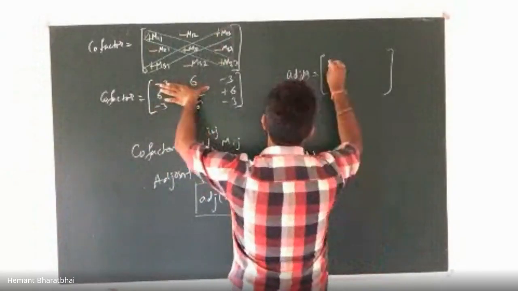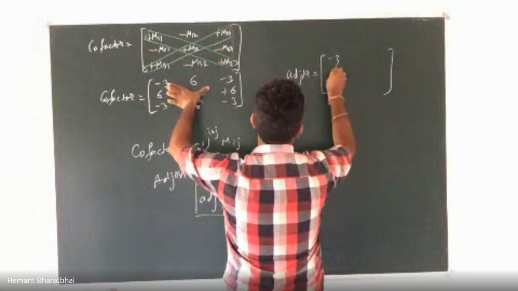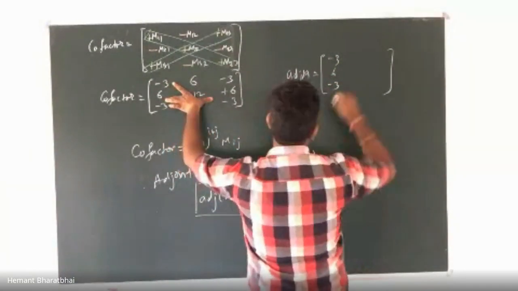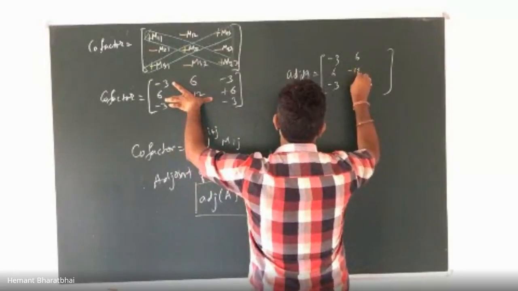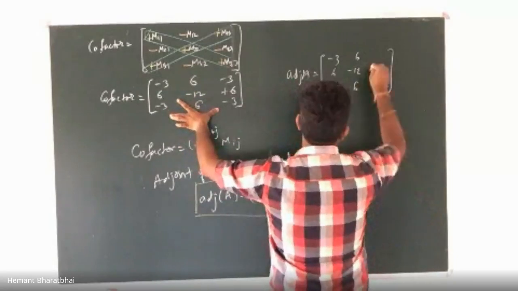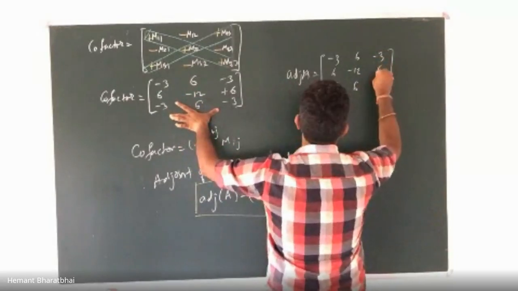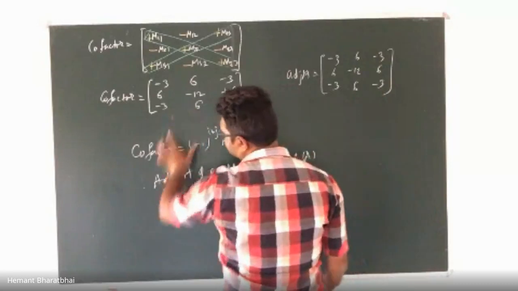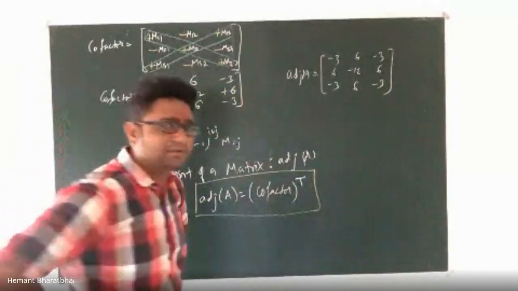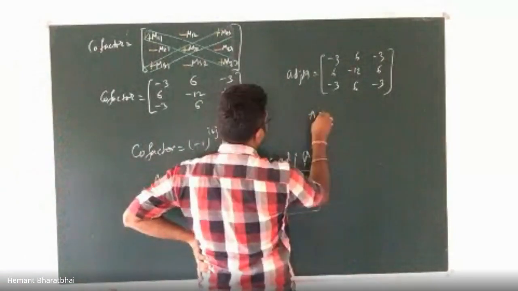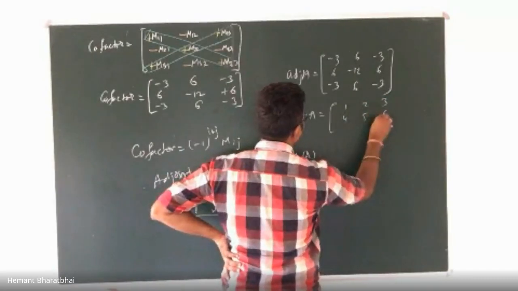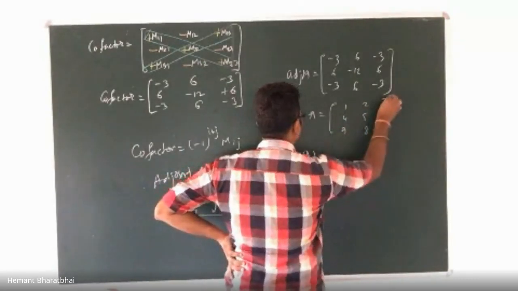So this row will become a column: minus 3, 6, minus 3 will become a column. Then 6, minus 12, 6 will also become a column. Then minus 3, 6, minus 3. So this is my adjoint of matrix A. What was my matrix A? My matrix A was something like this: 1, 2, 3, 4, 5, 6, 7, 8, 9.